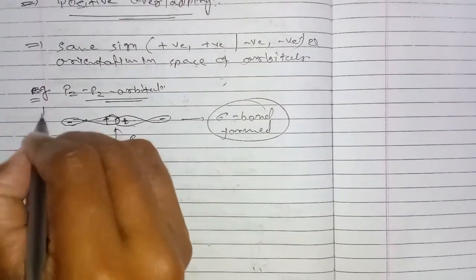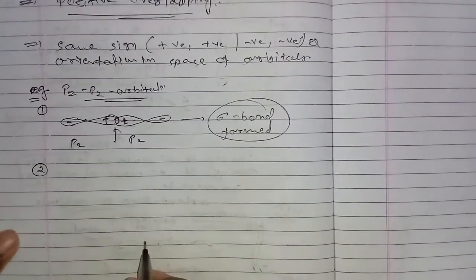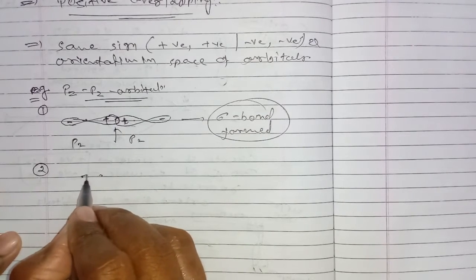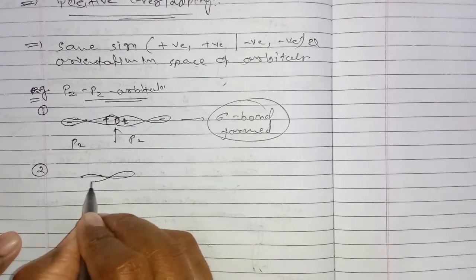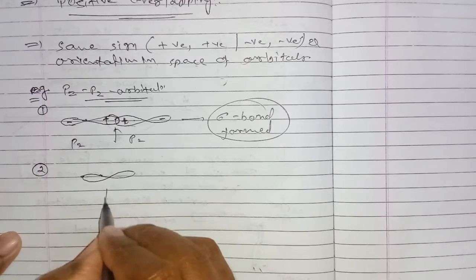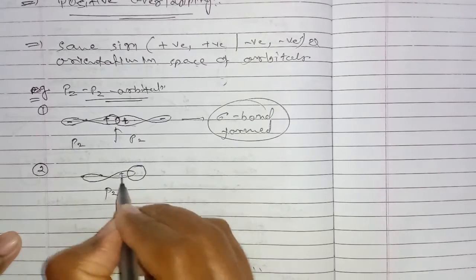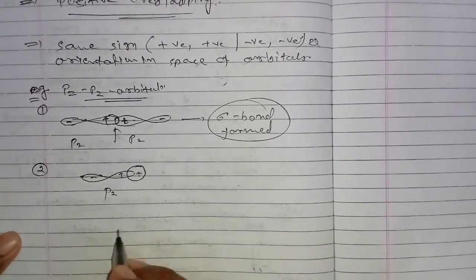In the second case, a pz and an s orbital, positive and positive.